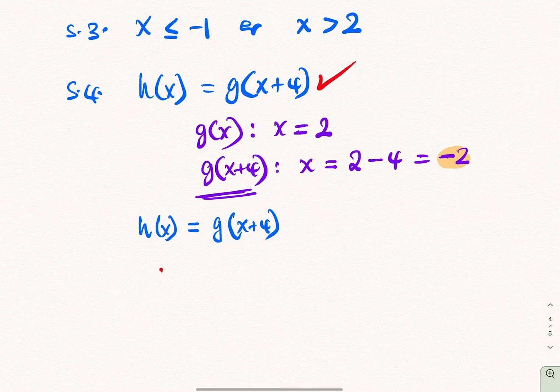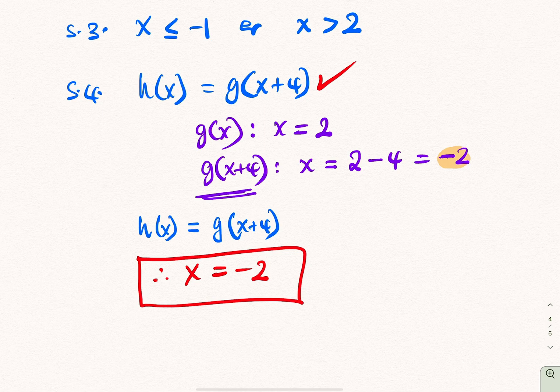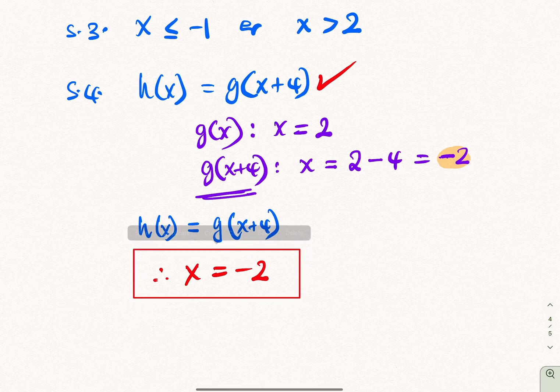So therefore you are going to get x is equal to -2. This is the vertical asymptote of the graph of h if h is given by g of x plus 4. Yeah, I think that should suffice for 5.4.